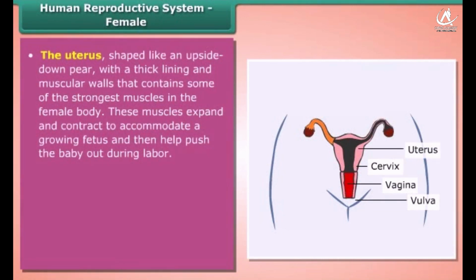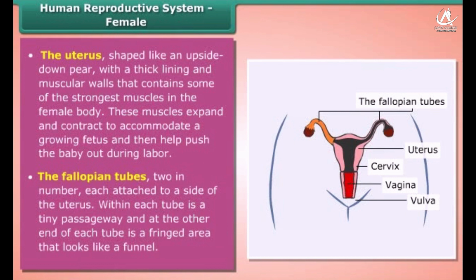The uterus, shaped like an upside-down pear, with a thick lining and muscular walls that contains some of the strongest muscles in the female body. These muscles expand and contract to accommodate a growing fetus and then help push the baby out during labor. The fallopian tubes, 2 in number, each attached to a side of the uterus.